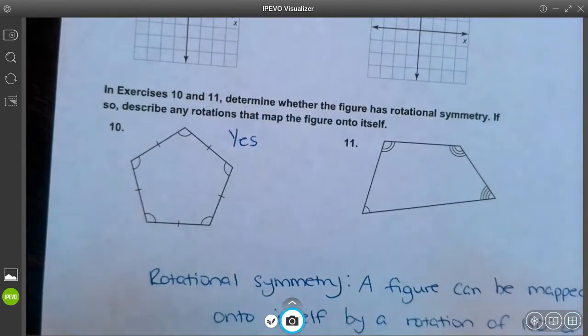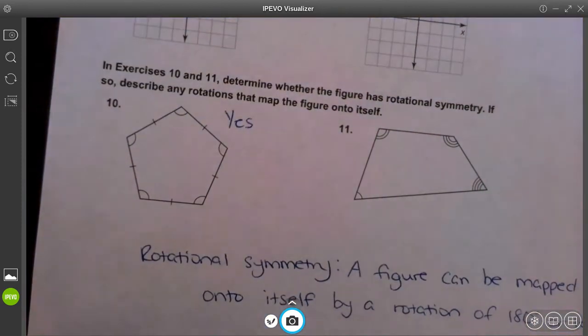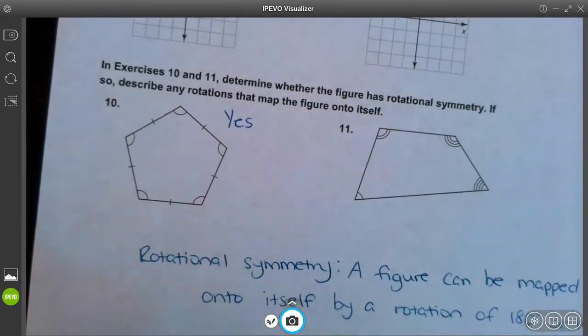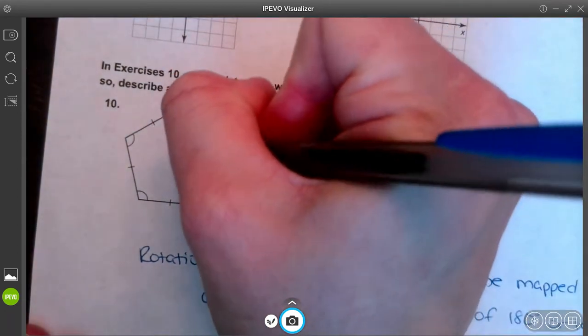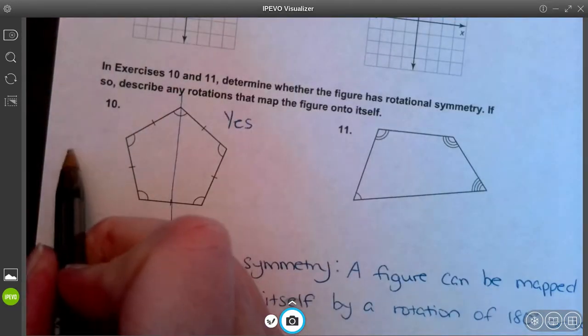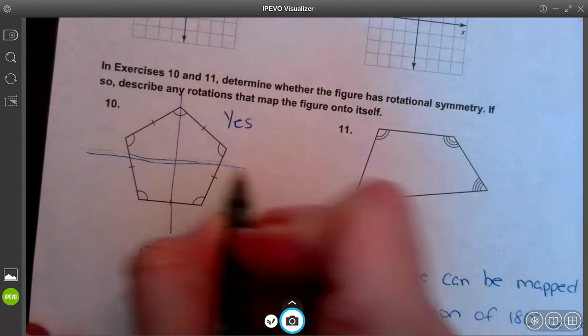And I want to describe how many degrees could you rotate it until it would map back onto itself. To think about how many degrees you would have to rotate it, you can think of this being on a graph here.